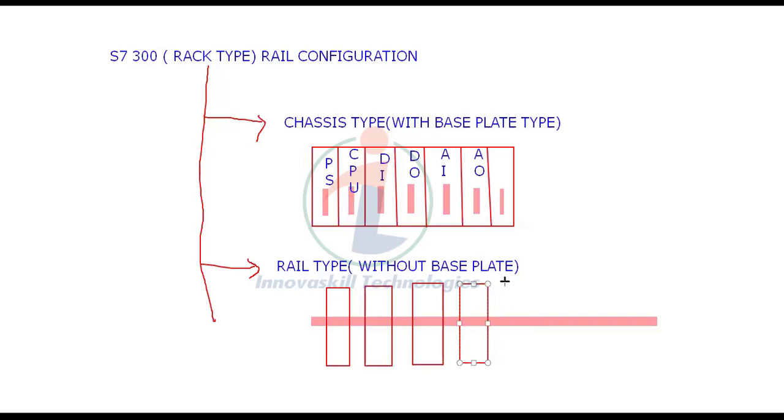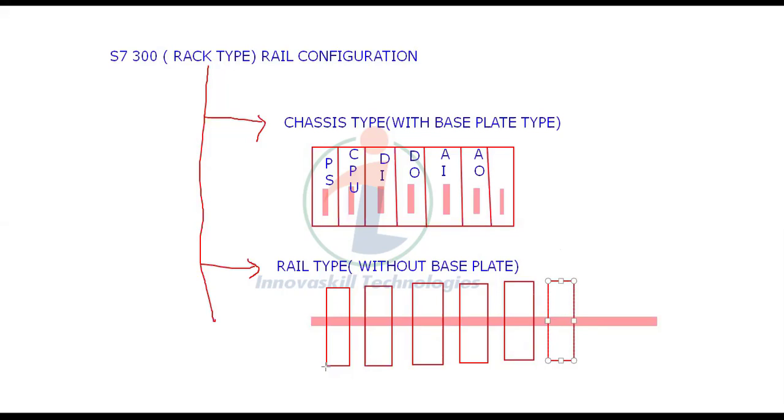Like this they will be expanding it. So what is the advantage here? In base plate we have to fix that particular slot in that particular base plate only, but here there is no base plate and all. So we can fix each and every module wherever we need it.